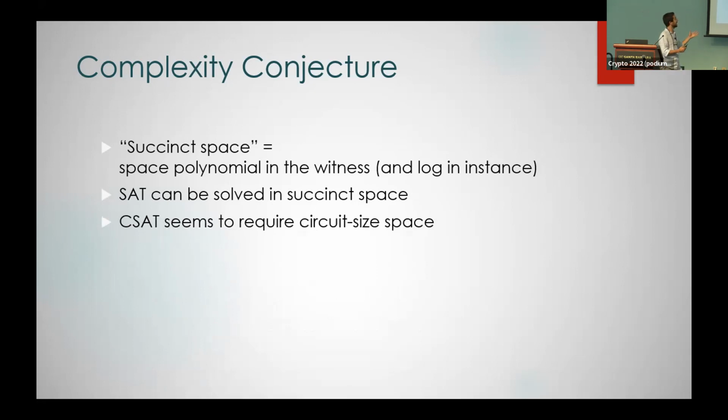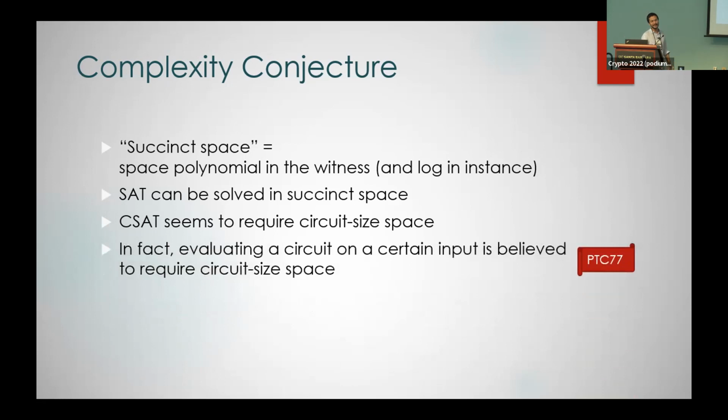A formula is like a bounded depth circuit, while a general circuit can have more depth. Circuit SAT seems to require space proportionate to the size of the circuit, not just the witness or the assignment. In fact, just evaluating a circuit on a certain input is believed to require space proportionate to the circuit size.